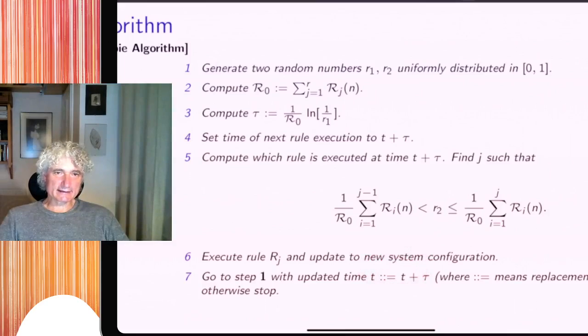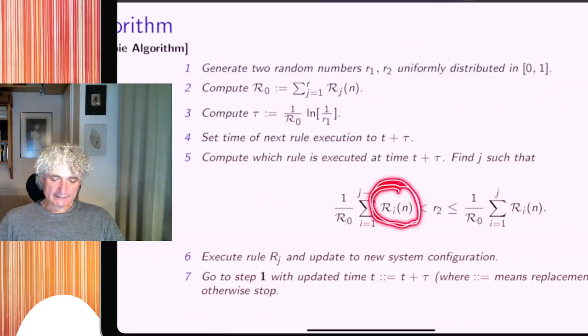And this is exactly the Gillespie algorithm, the classical Gillespie algorithm. And you can nicely see that here the propensities come in. So, for example, if you have fixed r2 in step 1, and the propensities of the first rules are very high, then you will need only a few of them in order to get to r2.